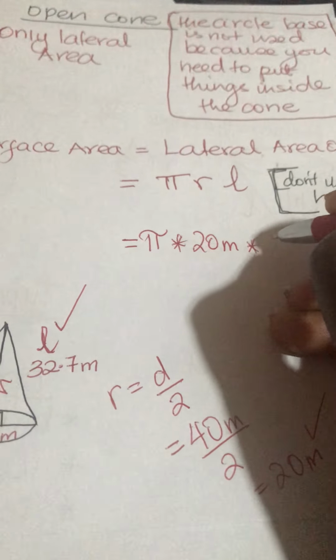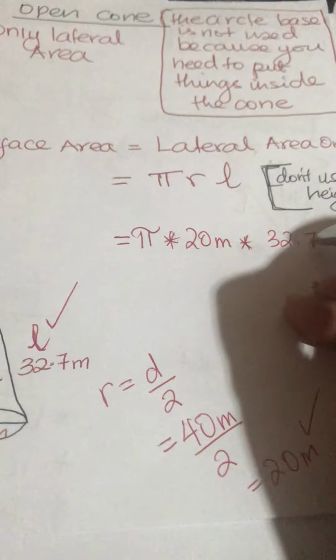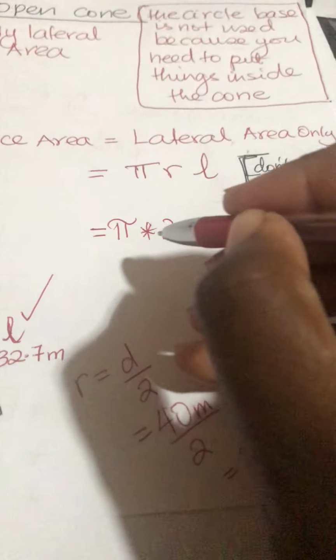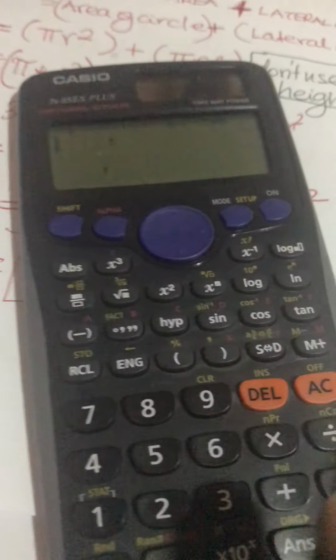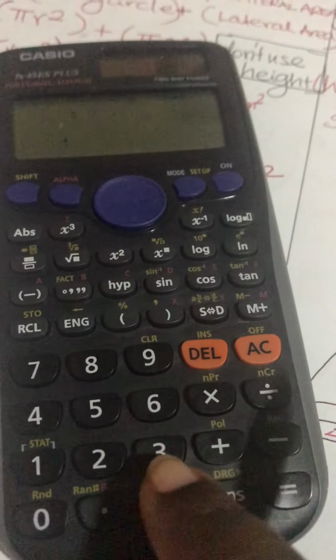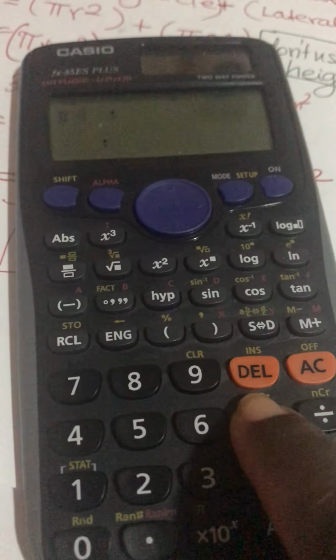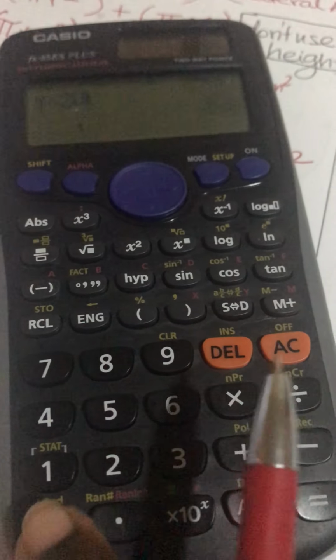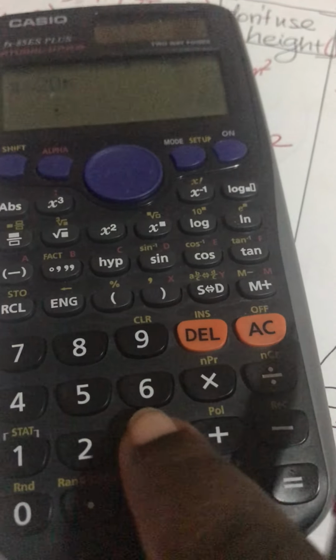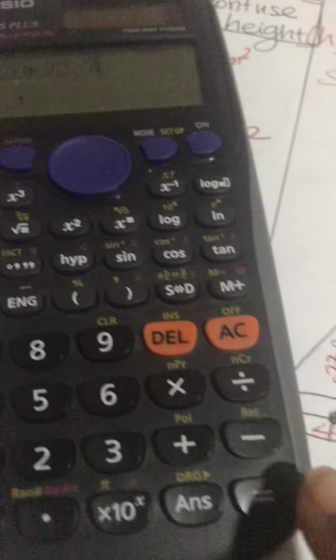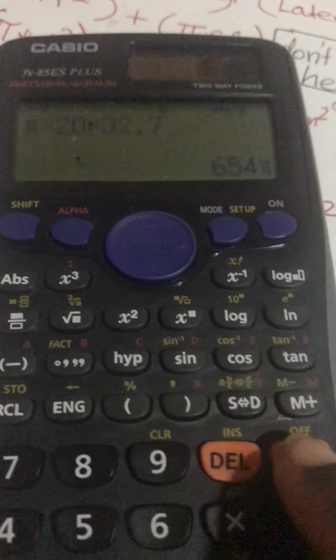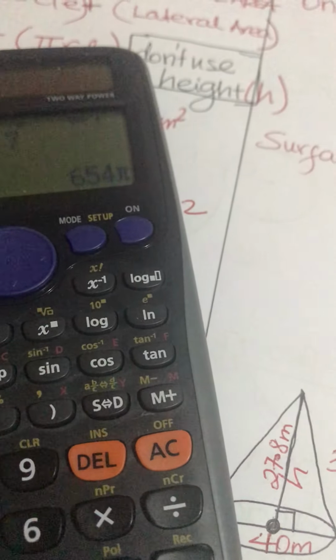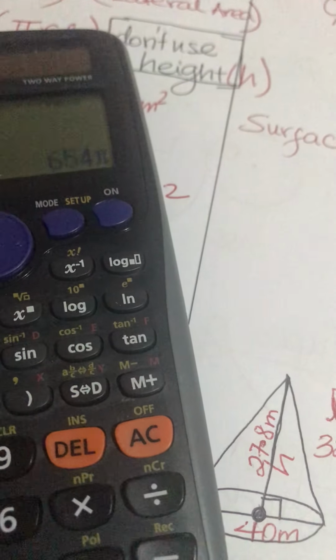So I do shift pi times 20 times 32.7. I get 654 pi.